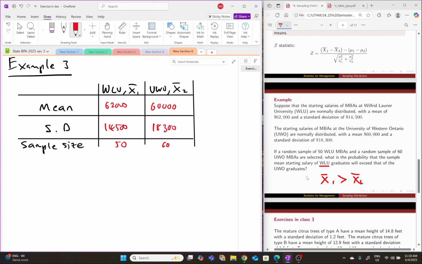So we want to find the probability of x bar 1, mean 1, greater than x2. This is what we're going to find. So let me teach you how to do this.